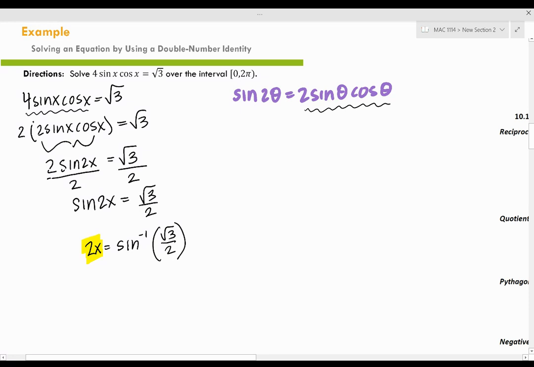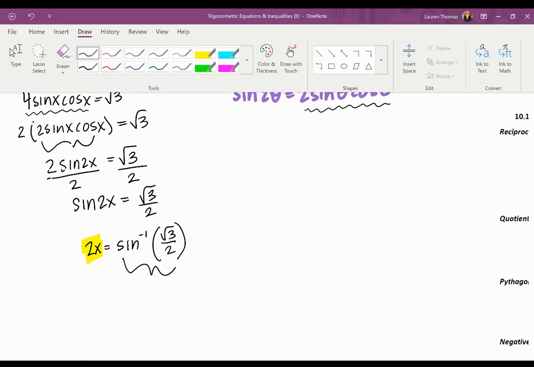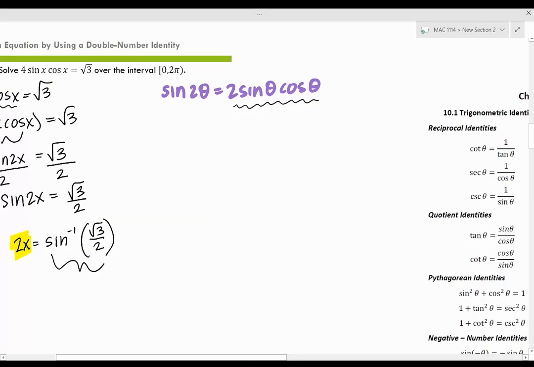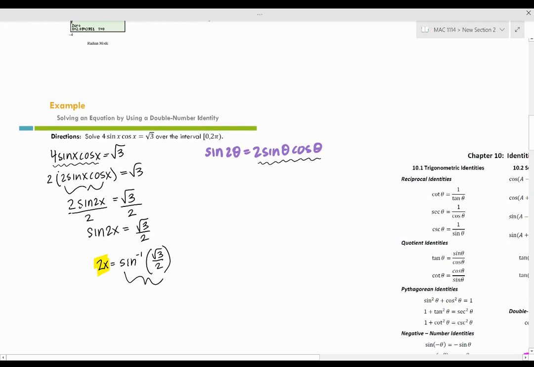So stay with me, because we're going to do some janky things in a minute. Let's solve this part here. This is the thing that we've always done. We're looking for an angle that has a sine value of square root of 3 over 2. Because we are looking for sine, we are looking for the y value. So let's go over to our unit circle and see if we can find those values.